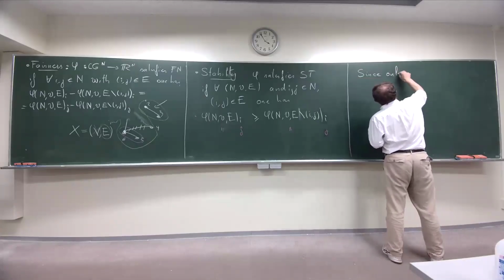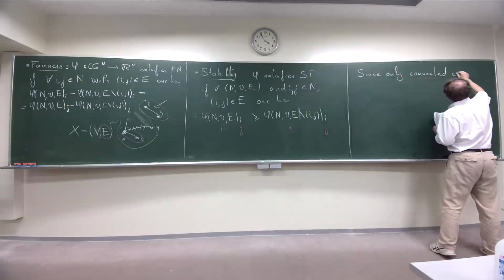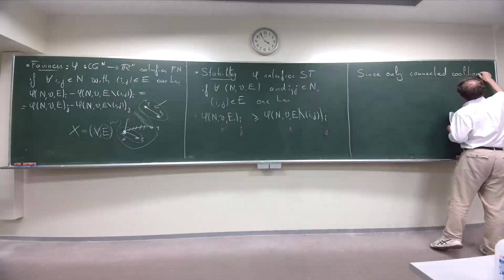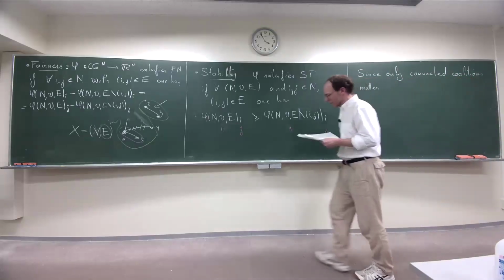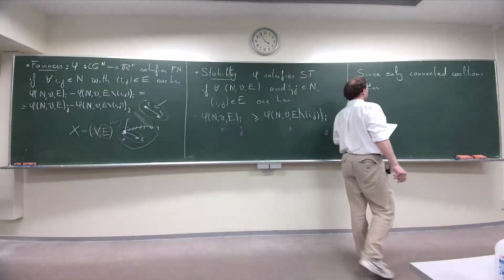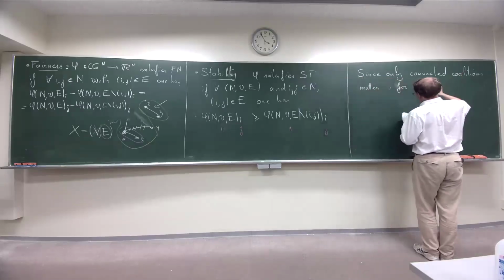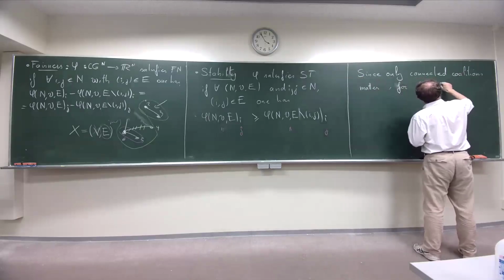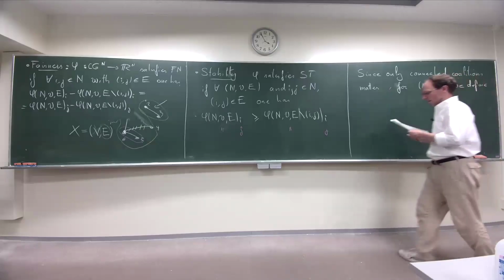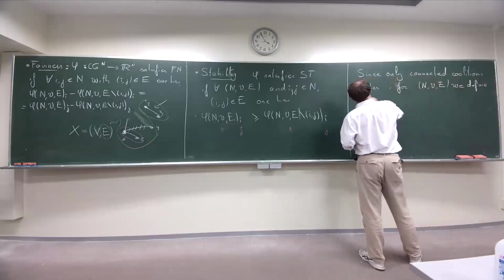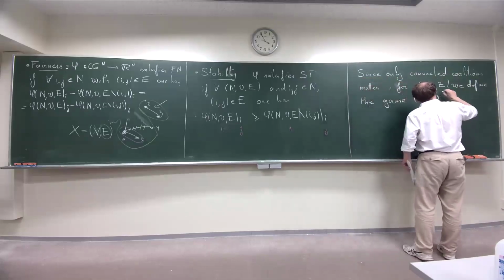Since only connected coalitions matter, I told you only the maximal connected coalitions are important. I'm going to define a new object for NV here. Define the game NVE.